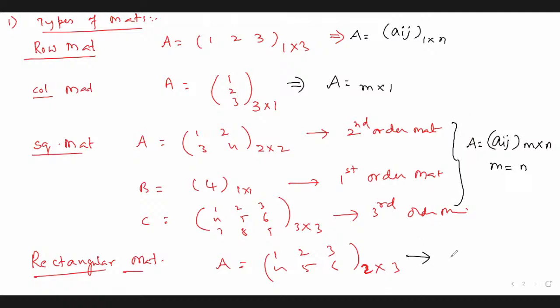This one, A is equal to Aij of m by n, where m is not equal to n. Copy this one. We have copied it.